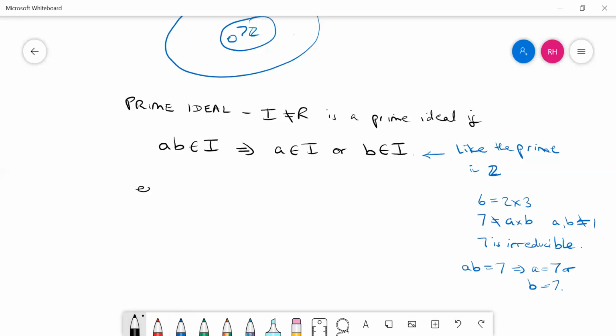So what's an example? Well, 6Z is not a prime ideal. Why is that?